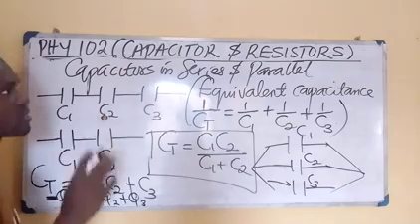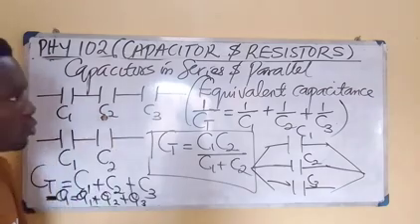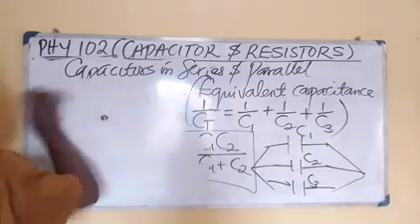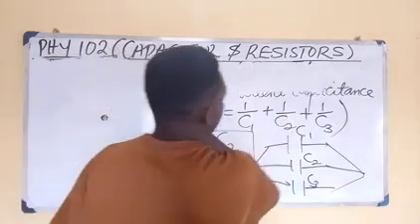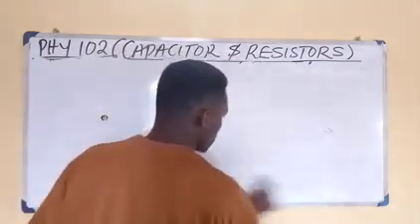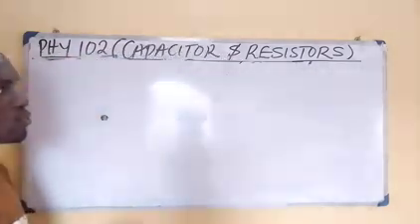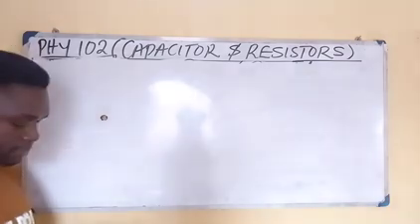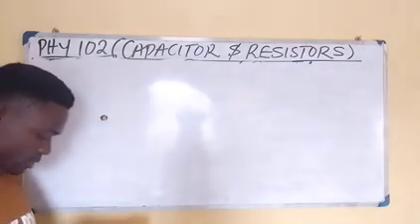This is the first part you must understand fully. Now let us look at some past questions. It is very important we use past questions to check what we have stated so far.